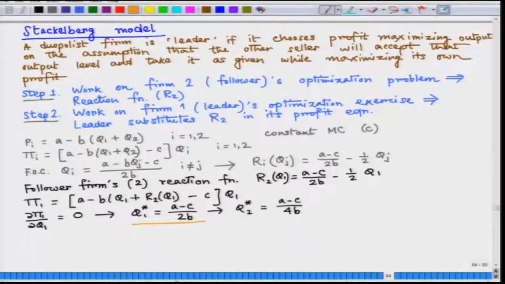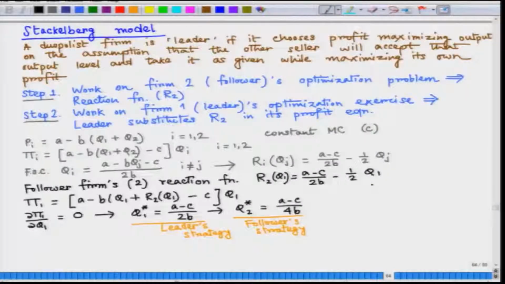Okay. So, we will draw a graph depicting these linear reaction functions, which will also show the Cournot equilibrium and Stackelberg equilibrium solutions. So, now we have to first plot the reaction functions.